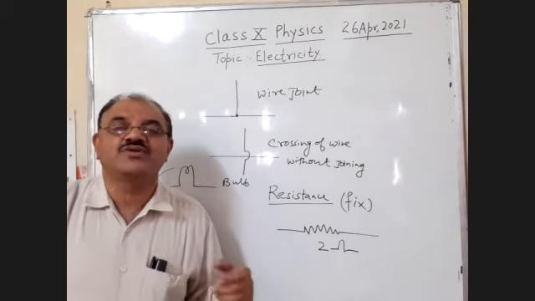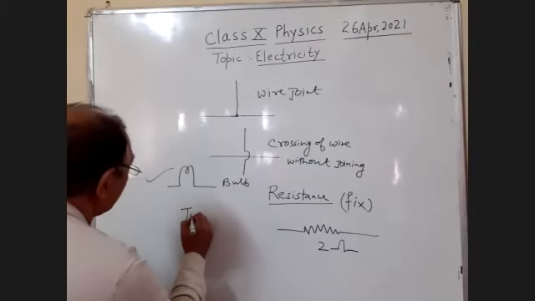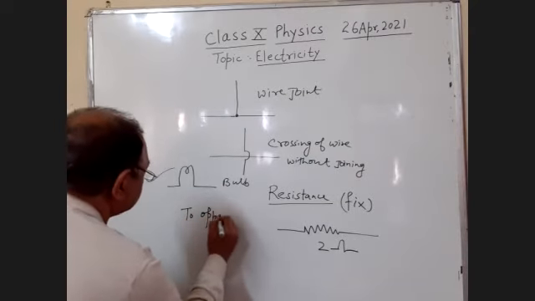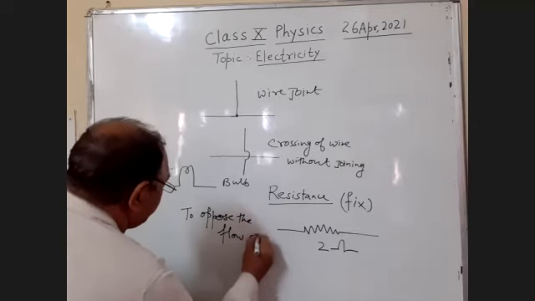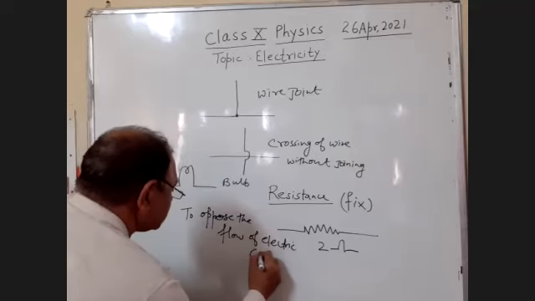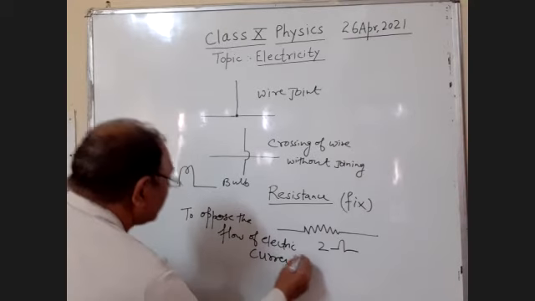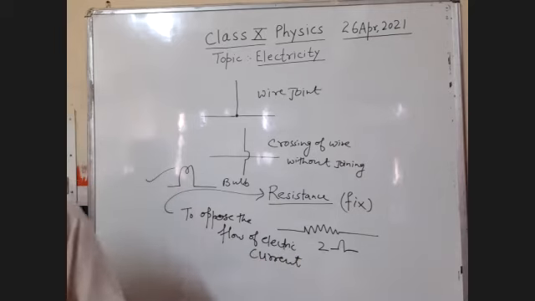Resistance means to resist, to oppose the flow of electric current. Is it clear, student? This is a fixed resistance.